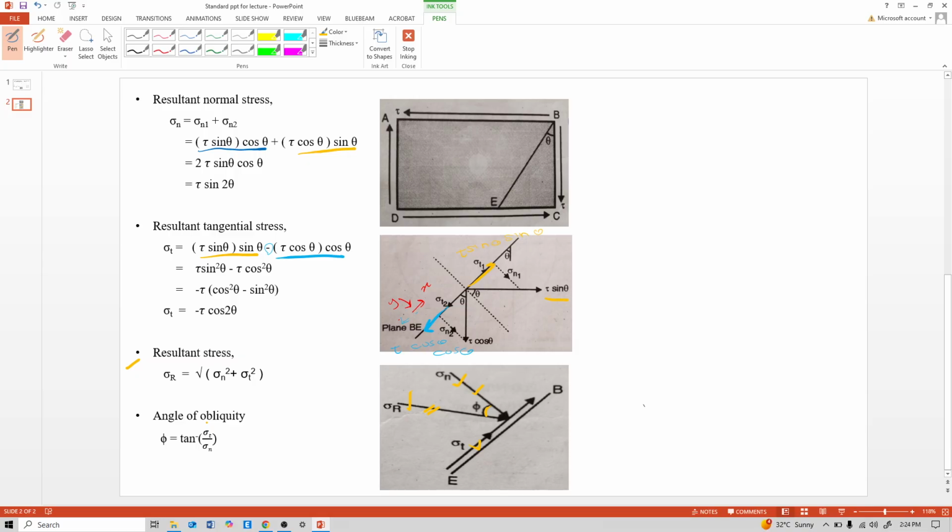First, the principal planes and stresses. Shear stress should be zero on a principal plane.